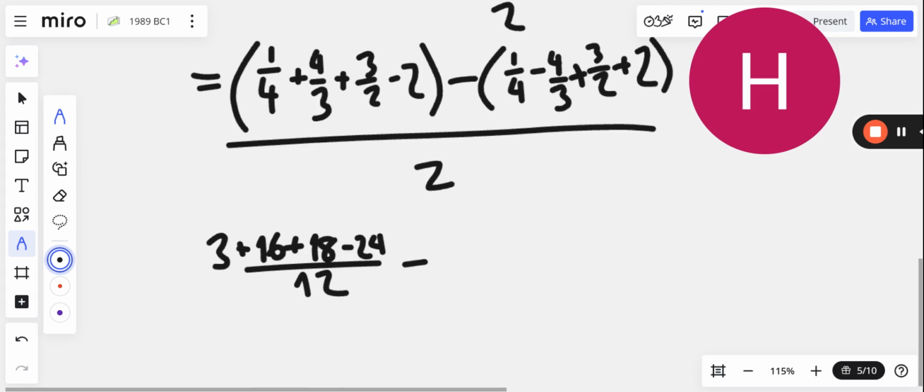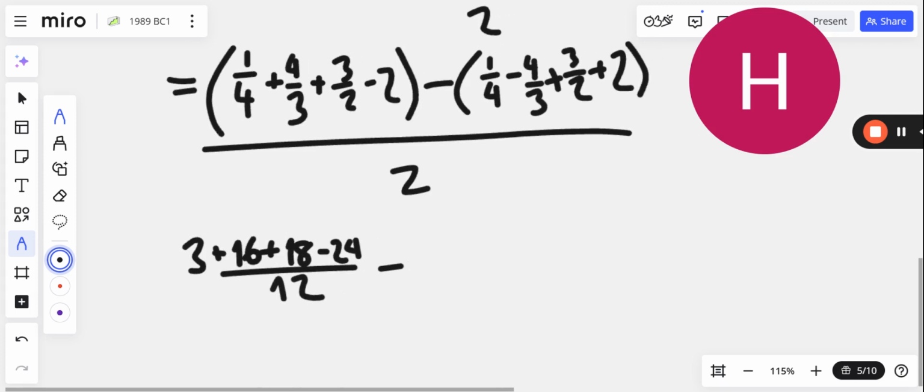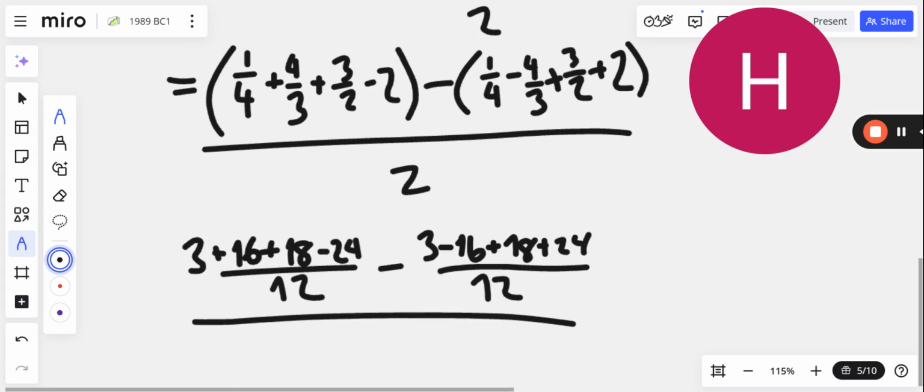We're going to do all that minus, what do we have here? 3 12s minus 16 12s plus 18 plus 24. And then all of this is over 2.